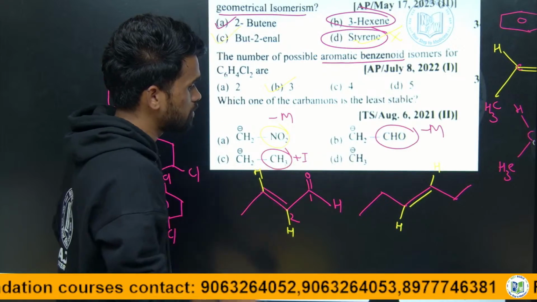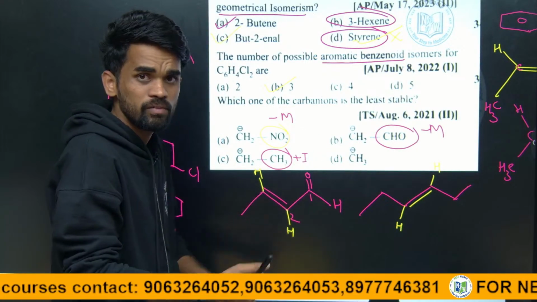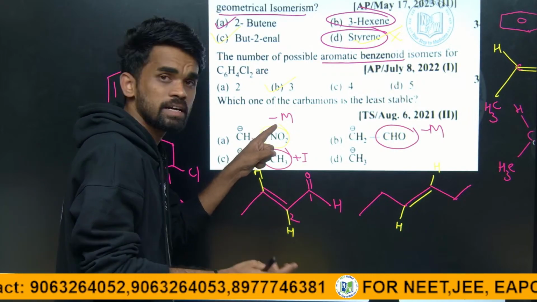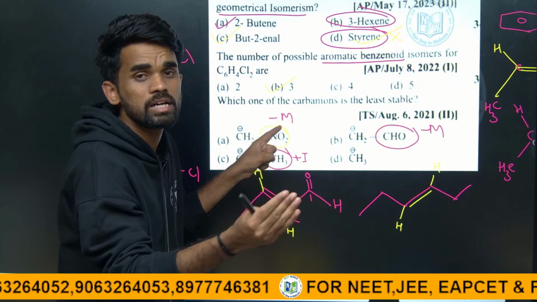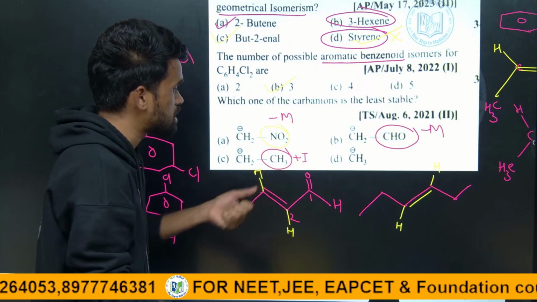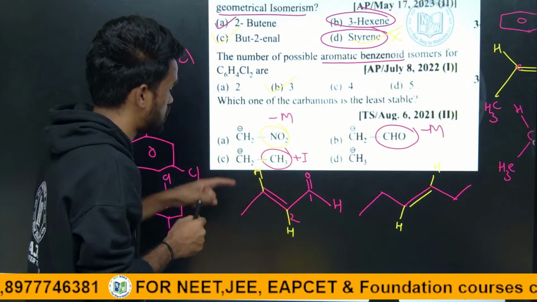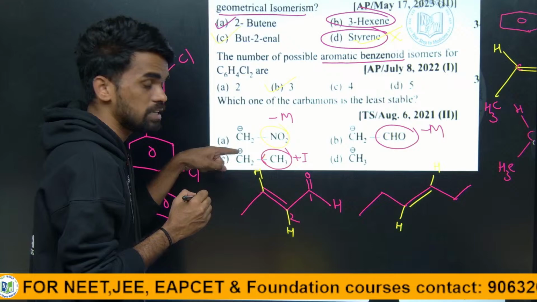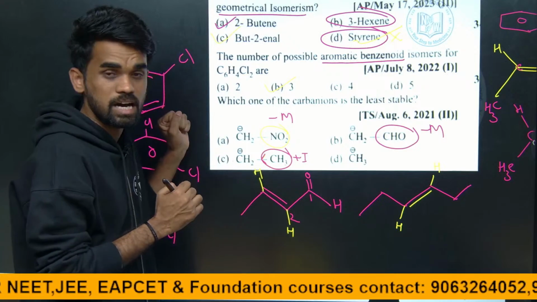And then next, tell me which is least stable. If an electron withdrawing group is there, that is most stabilized. If an electron releasing group is there, that is least stabilized. So this will be the least stabilized because it is releasing electrons. Already it has a negative charge and this is releasing electrons, therefore it decreases the stability of this carbanion.